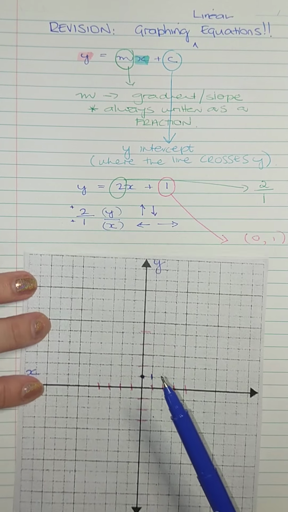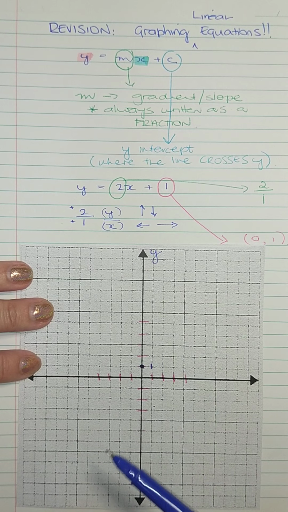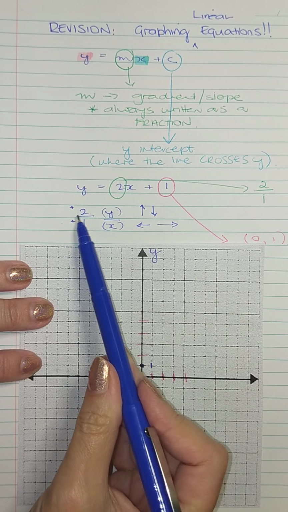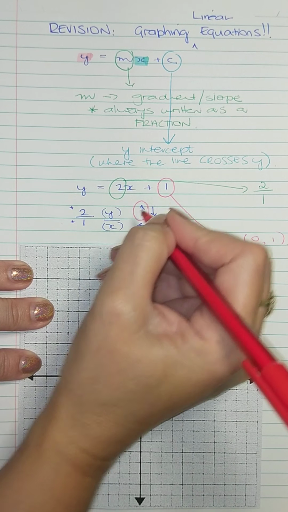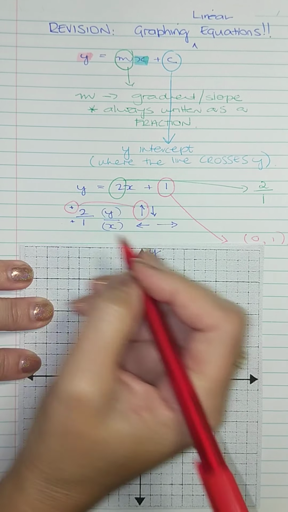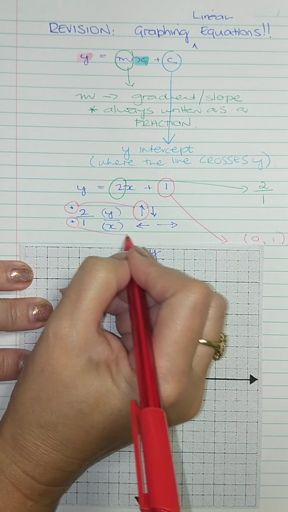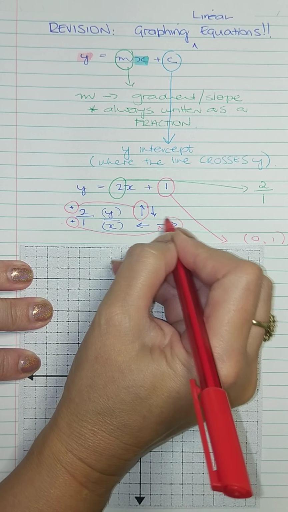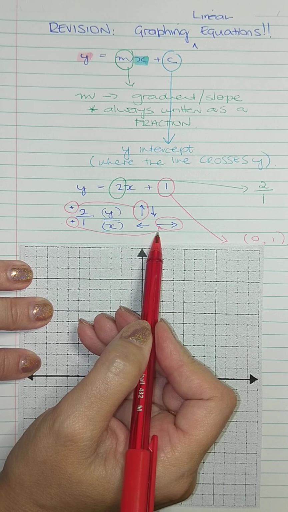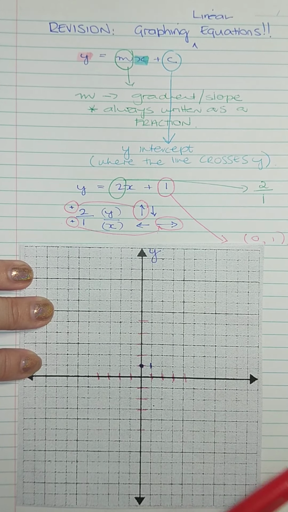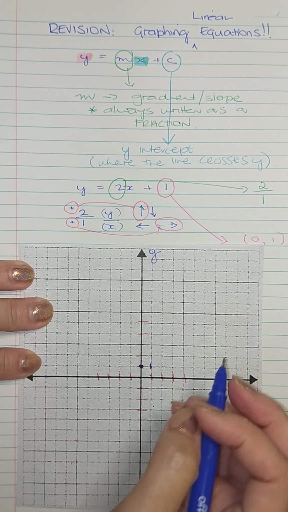So we've got our starting point, we've got our set of instructions. So let's go. We're going to go up 2, and I can circle that because it's positive, and I can circle that. We're going to go right. So we're going to go up 2, across in the positive direction 1, up 2 across 1, up 2 across 1.